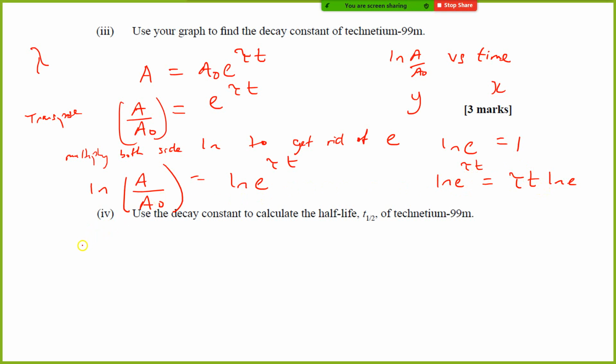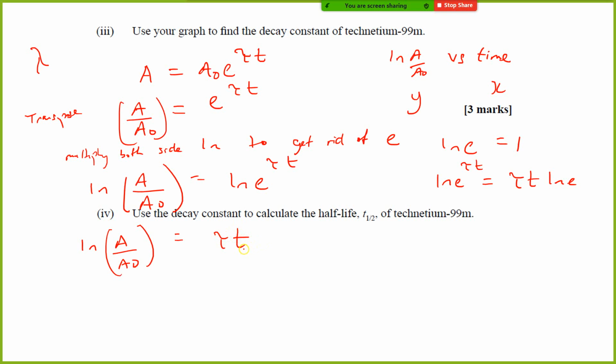So once we now have that, we have ln a upon a naught equal to, so we say that ln e is equal to 1. So what we're left with now is the time constant times the time.